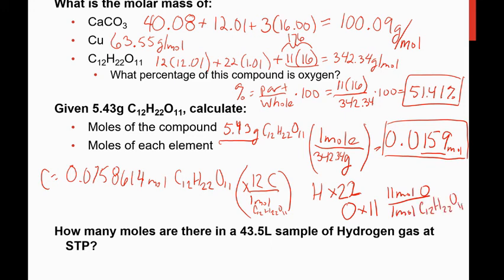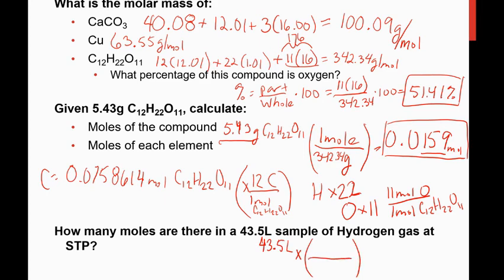And then your last question here, how many moles are there in a 43.5 liter sample of hydrogen gas at STP? Well, remember, we have 43.5 liters. That's our given. We always start with our given, and then times our conversion factor. Well, what conversion factor do we have?